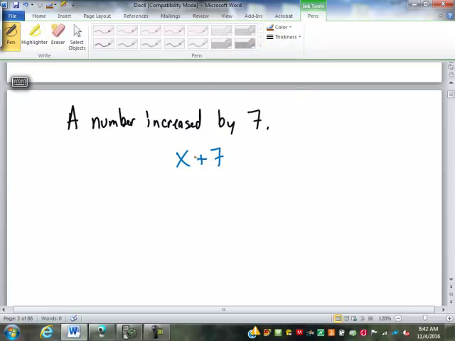Now, other phrases that would give me that exact same expression, and there are a lot of them, might be 7 more than a number. Even though a lot of people say, well, the 7 comes first, wouldn't it be 7 plus x? And it could be. When you add, the order doesn't matter. But 7 more than something technically indicates that 7 has been added to it. So that'd be x plus 7. Any others that you can think of that would indicate x plus 7?